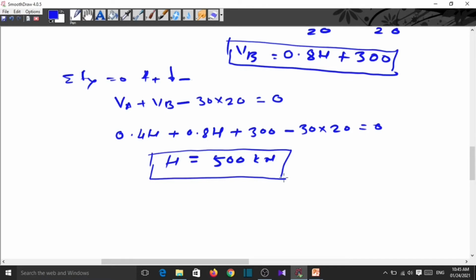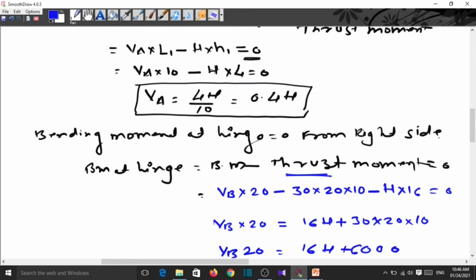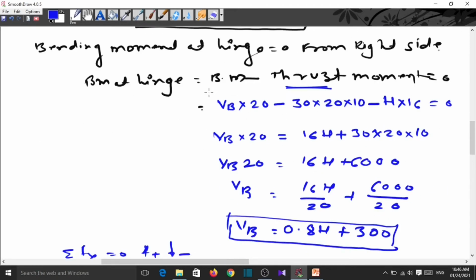Now let us do 300 divided by, that is the 250. No, that is 250 here. It's 250 kilonewton. Then we put this value of H into VB and also VA.